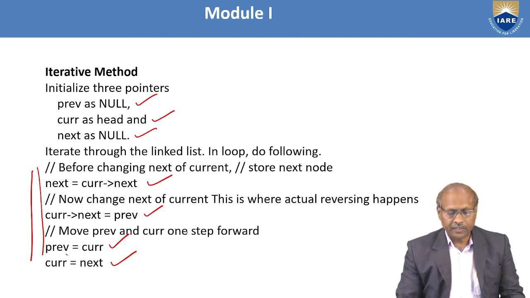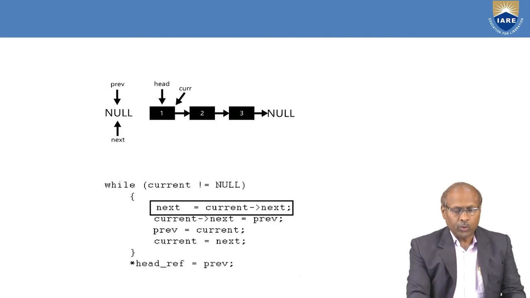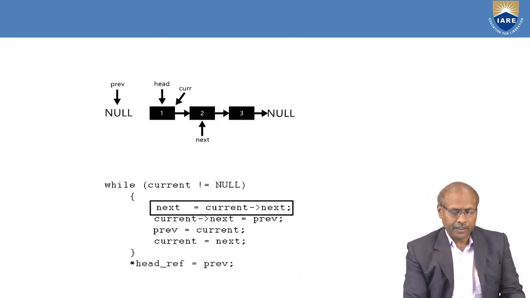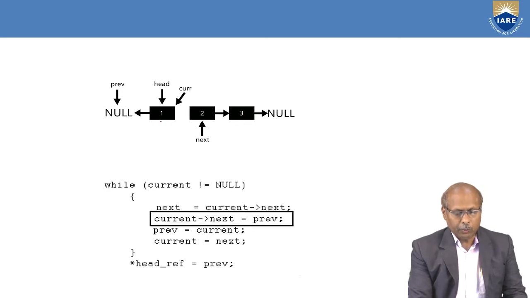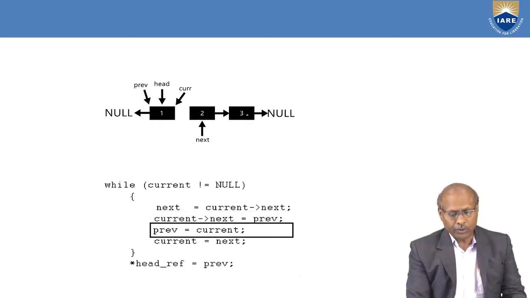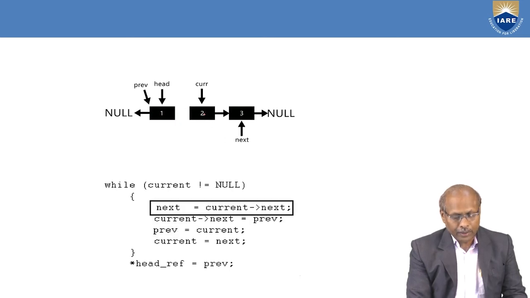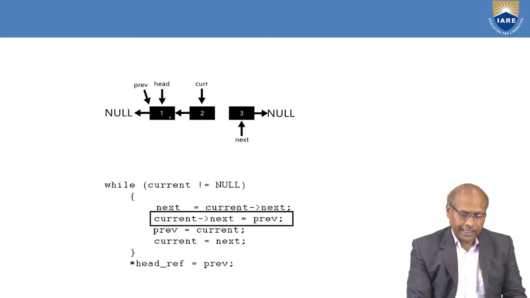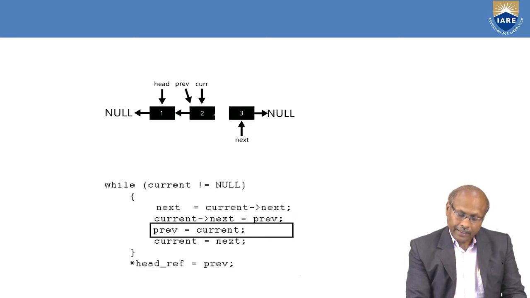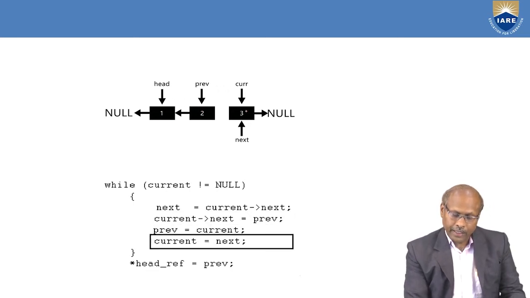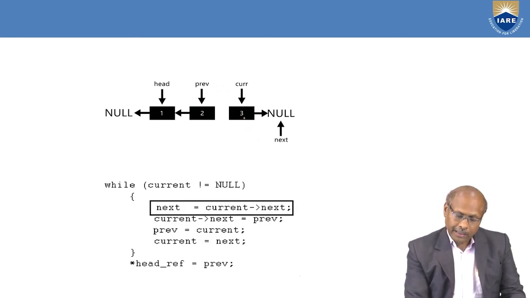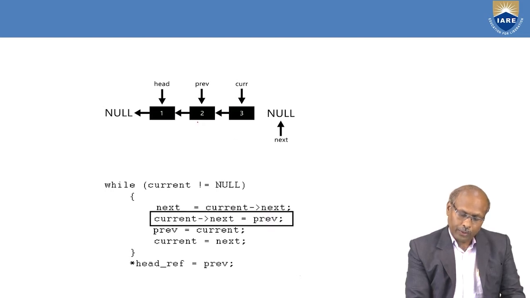Now I will show you how the list is created. Please observe here. The first node is pointing to the second node. The second is pointing to the third node. After reversing, this becomes the current node and this is next. So it is changing. Now previous and current move forward. Now the third should point to the second node.